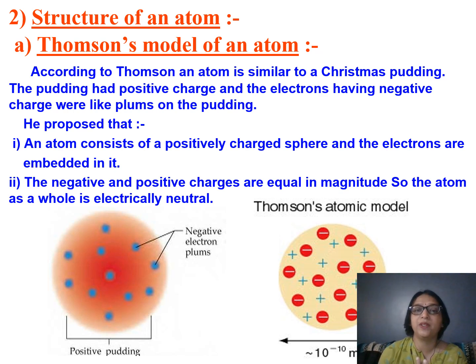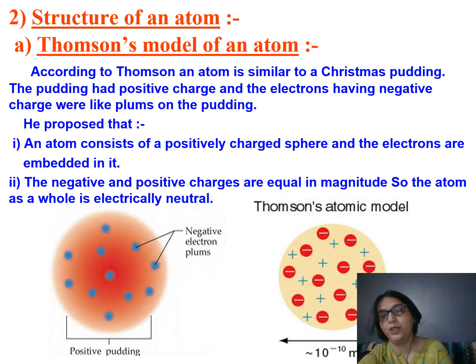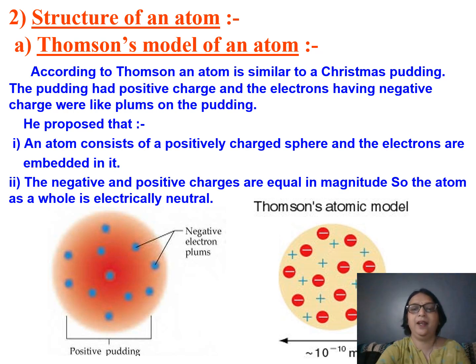The pudding had positive charge, and the electrons, which have negative charge, were like plums on the pudding. He proposed that an atom consists of a positively charged sphere and the electrons are embedded in it. The negative and positive charges are equal in magnitude, so the atom as a whole is electrically neutral. You can see the plum pudding model. Here you can see the whole atom is positively charged and electrons are embedded in it.